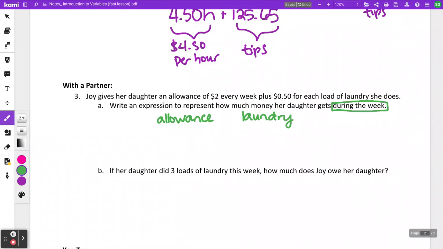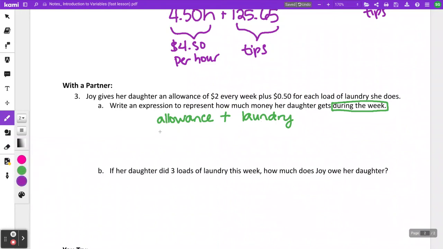So if I want to write an expression to represent how much total money she's getting, that means I would want to take my allowance money and my laundry money and do what math? What math operation is going to go right there? If you said addition, you are correct. We are going to add up the money she makes from her allowance with the money she makes from laundry.